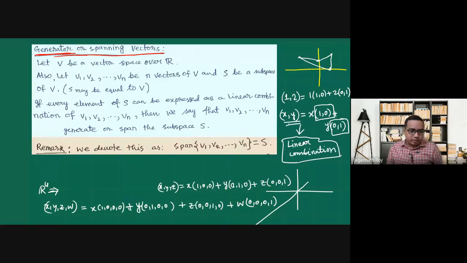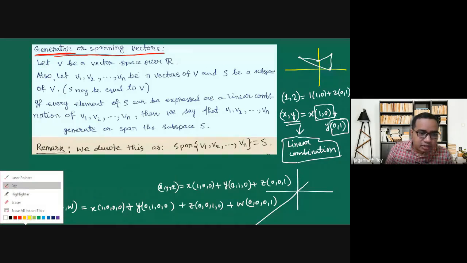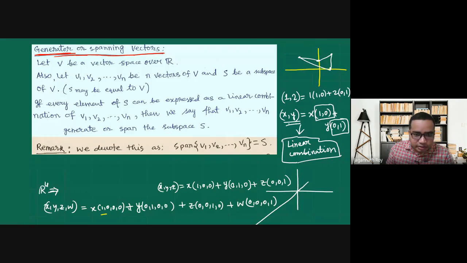So we are taking some special vectors, so that any vector can be written as a linear combination of these four vectors. Normally we call them the standard identity vectors.